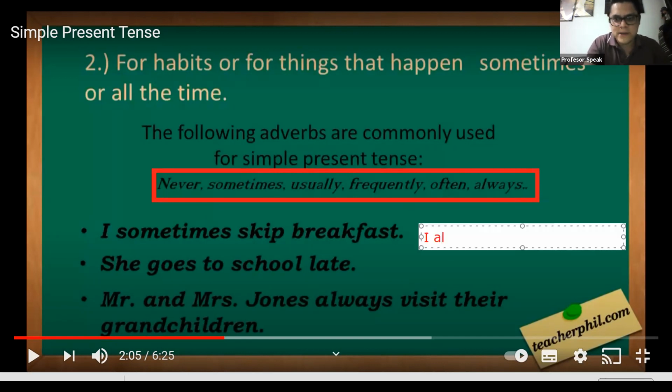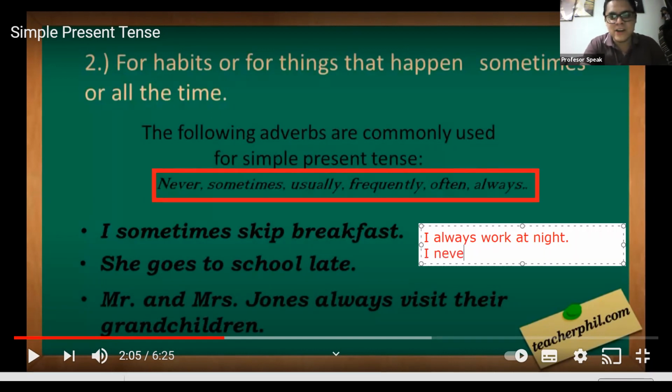I always work at night, all the time. Okay, this is my scenario. I always work at night. But I never go to church.